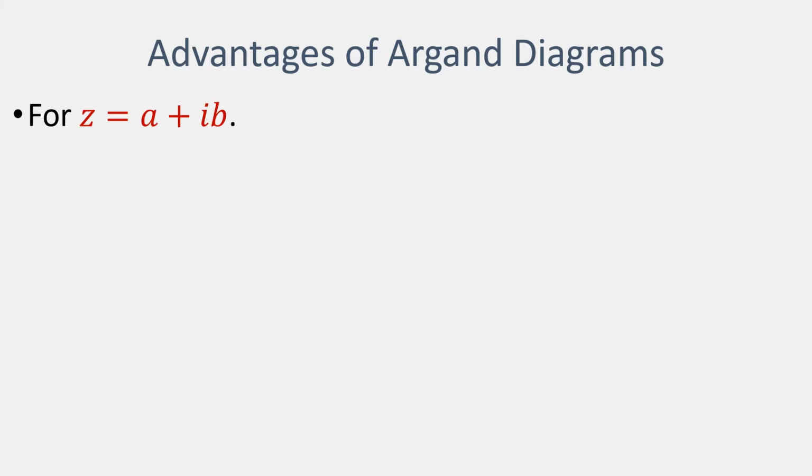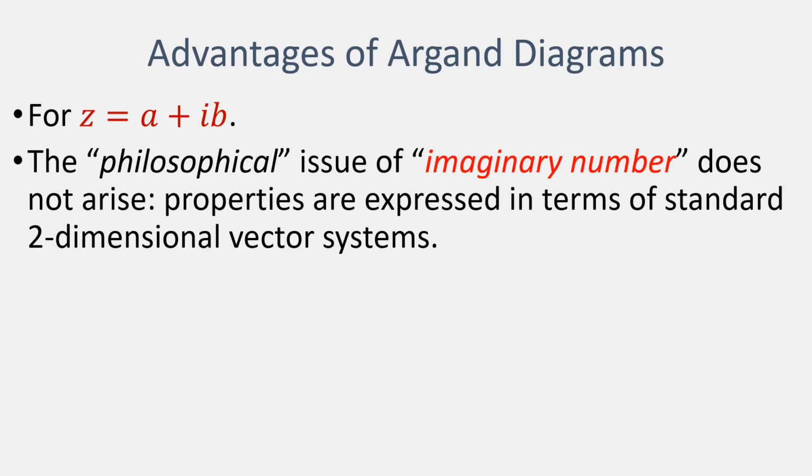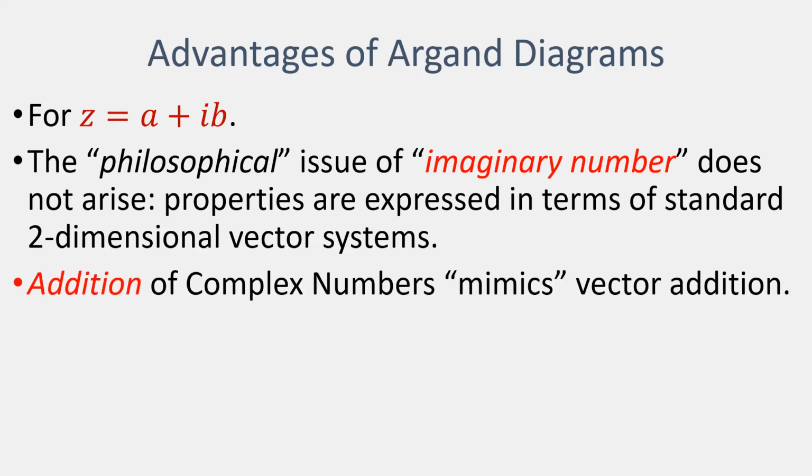If we take an arbitrary complex number again, this issue of what do we mean by the square root of -1, well, that doesn't arise, because all we are doing is expressing properties of complex numbers simply in terms of operations on standard two-dimensional real vectors.